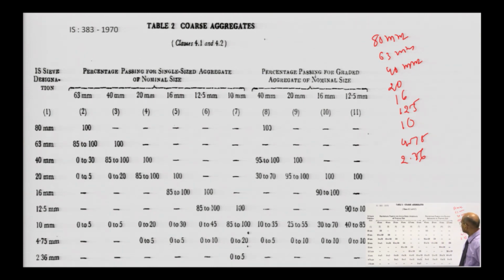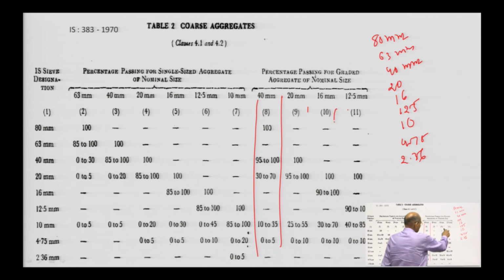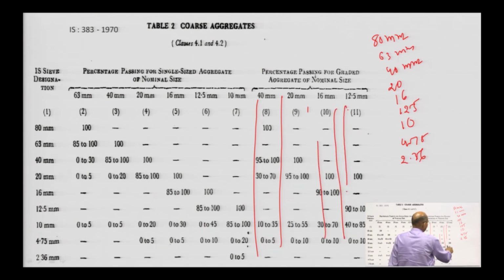Similarly, considering the graded aggregate for nominal size 40 mm, 20 mm, 16 mm, 12.5 mm, this is the limit they have given for 40 mm. For 20 mm maximum size of aggregate, this is the limit. For 16 mm maximum size, this is the limit, and for 12.5 this is the limit.